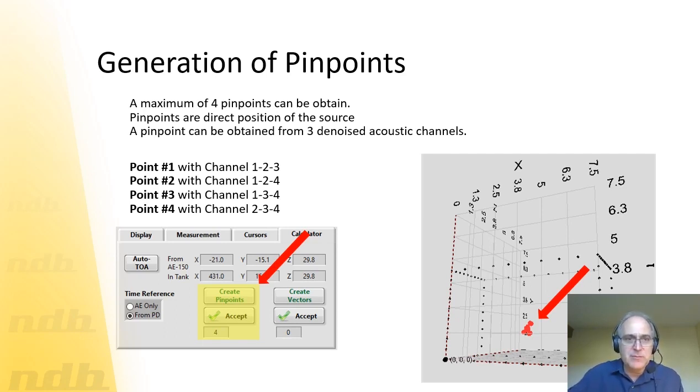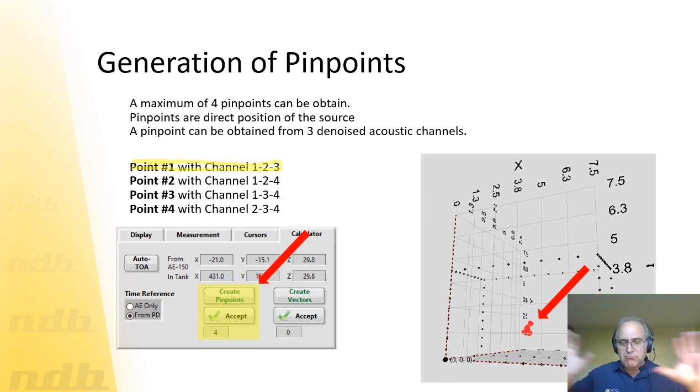The first point is obtained with 3 denoised channels. Let me come to the first thing. If you get 1 denoised channel, you can have an idea of how far it is. That will be a spheric possibility, a 3-dimension possibility, but located somewhere.